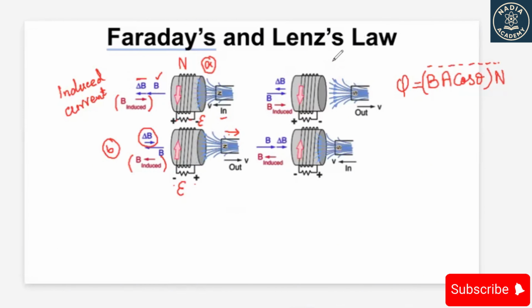Now, you can develop a similar picture if you have the south pole towards the coil, and the situation will occur if you are moving away from this coil, then you can get the same situation as we got when the north pole was moving toward the coil.